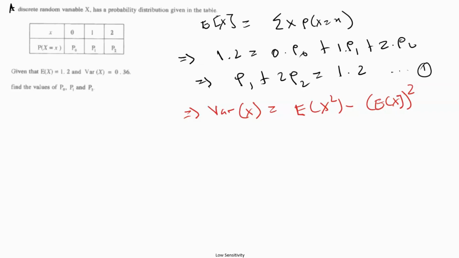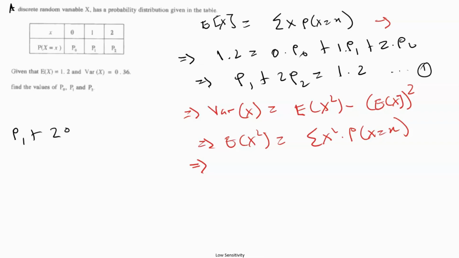Using this formula, we know that the expectation of x squared is equal to the summation of x squared times the probability that X equals x. So let's write the first equation here: P1 plus 2P2 is equal to 1.2. That's our first equation.